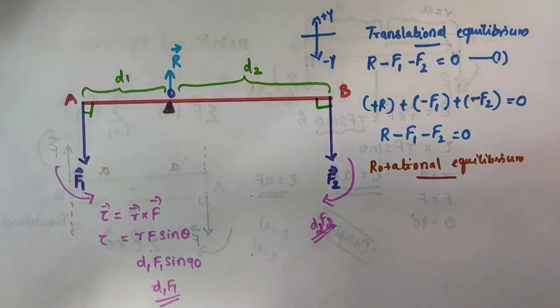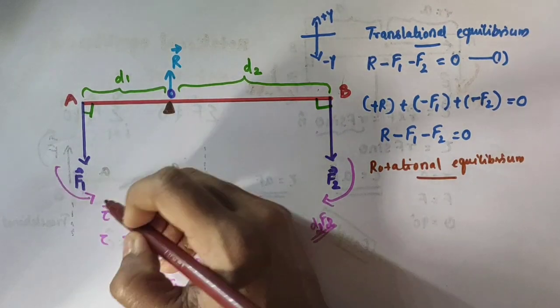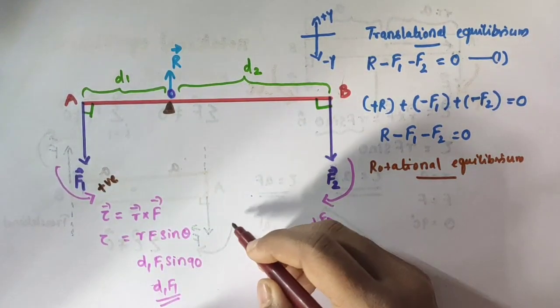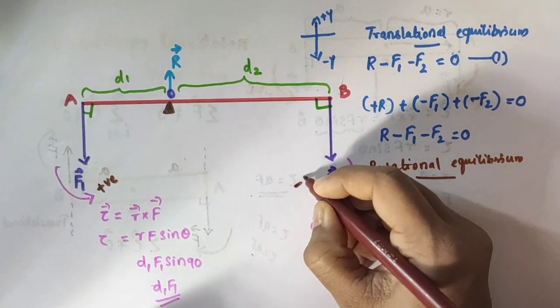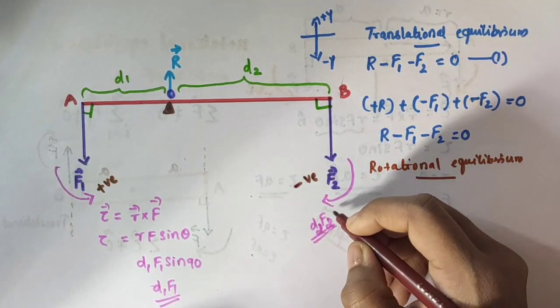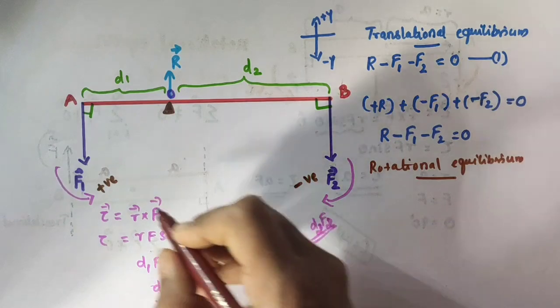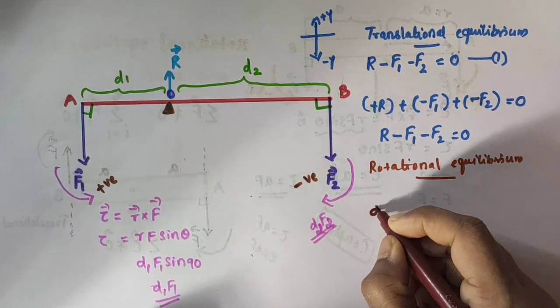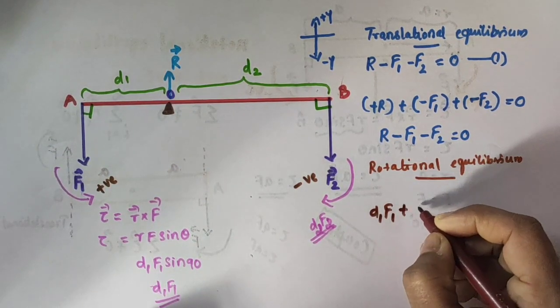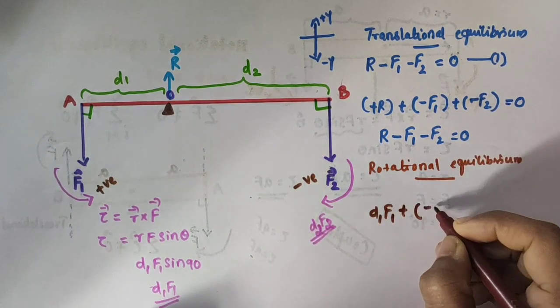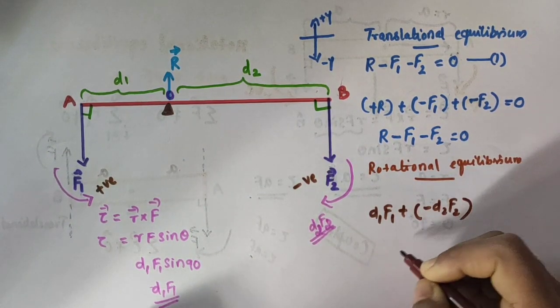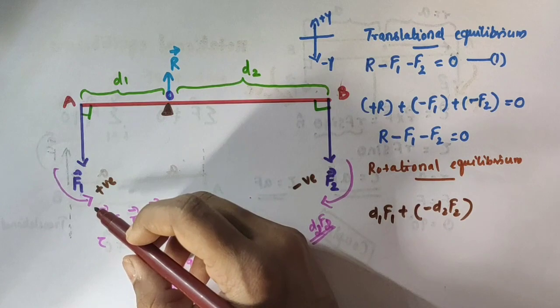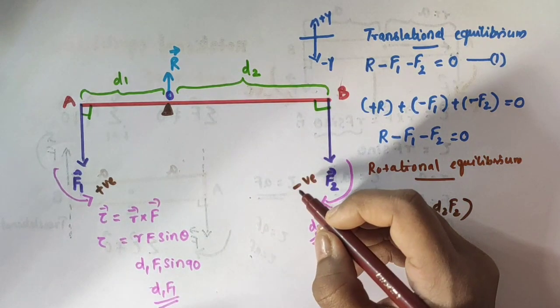But anti-clockwise moment is taken as positive and clockwise moment is usually taken as negative. So the sum of moments will be D1 F1 plus minus D2 F2, because anti-clockwise moments are taken as positive and clockwise moments as negative.